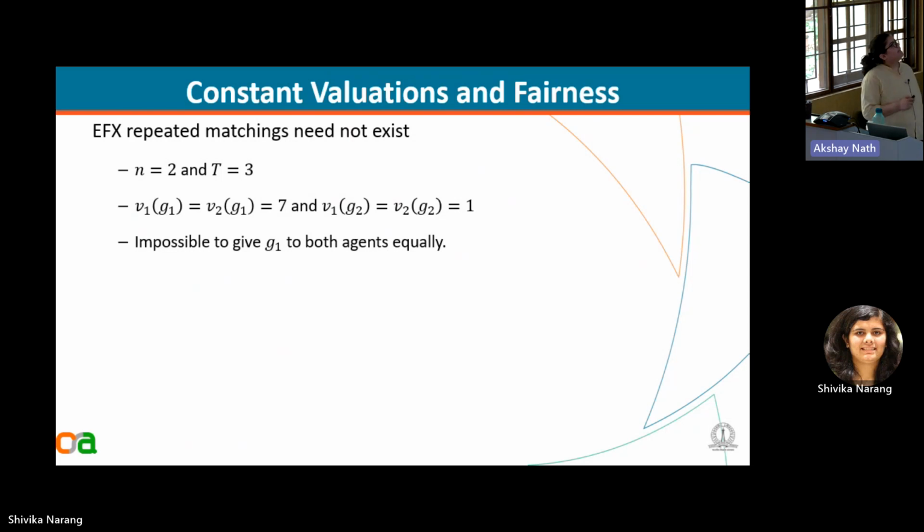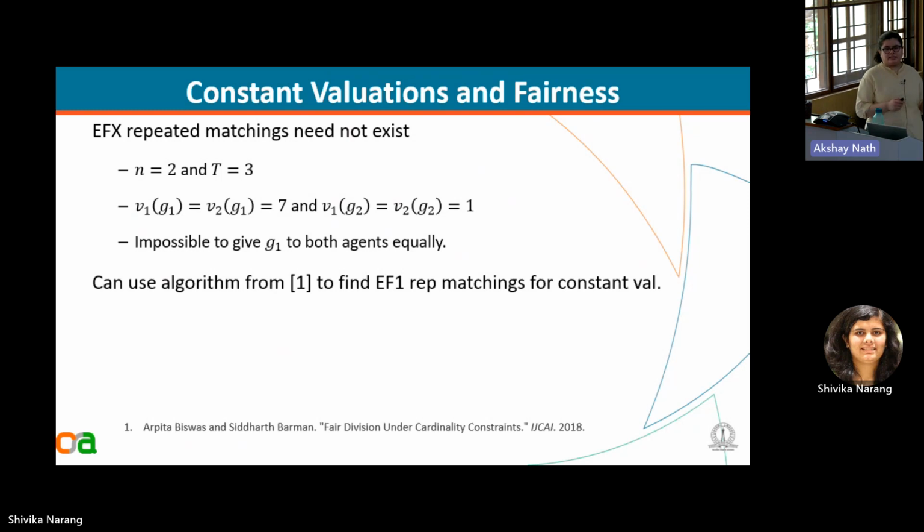Okay. So EFX need not exist, but EF1 does. So we can use an algorithm that was studied in a different model, but it works here, for those who are familiar with EF1. What this does is it runs round robin, but in each round you do a topological search of the ND graph.